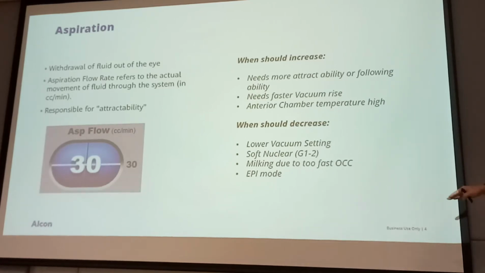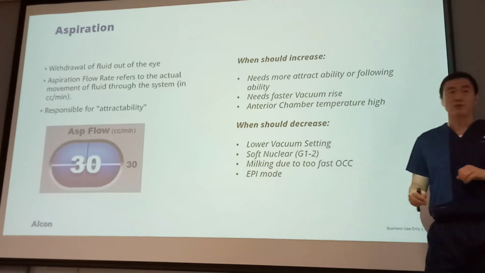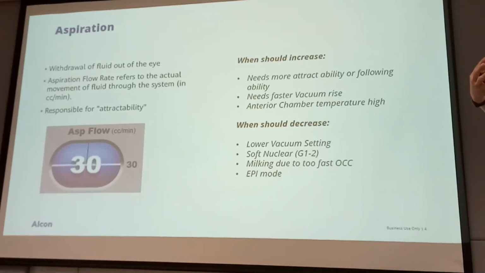But sometimes we do not want it that fast, for example with a soft nucleus. If the nucleus is quite soft, it comes, and it breaks with the vacuum, because the nucleus comes, vacuum sets up, the force rises, and the soft nucleus cannot stand it anymore. It disappears inside and you cannot hold the nucleus. So for a soft nucleus, our suggestion is to decrease the vacuum and aspiration, and then you can hold it.